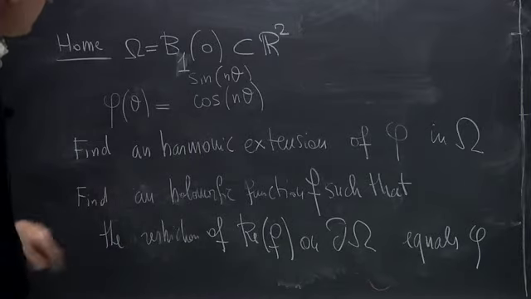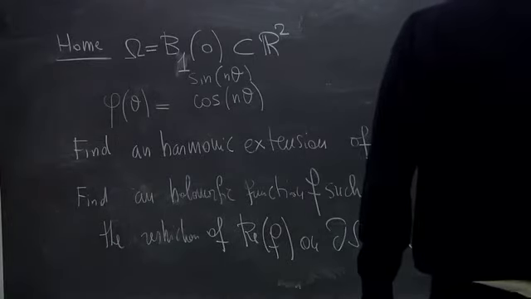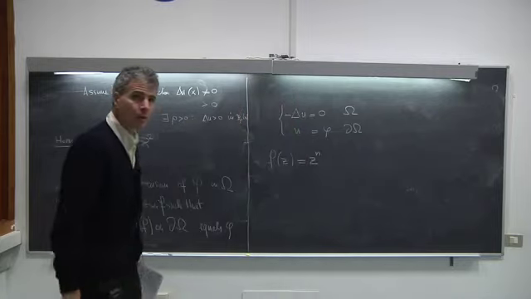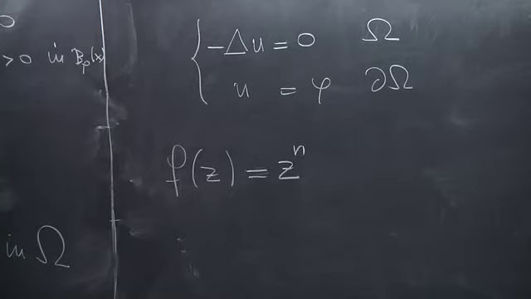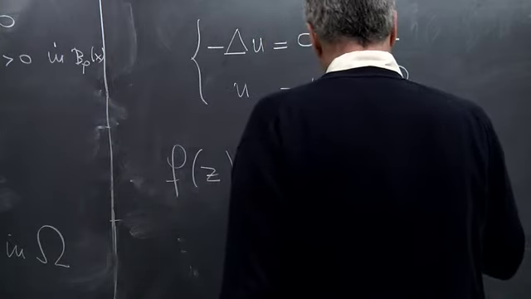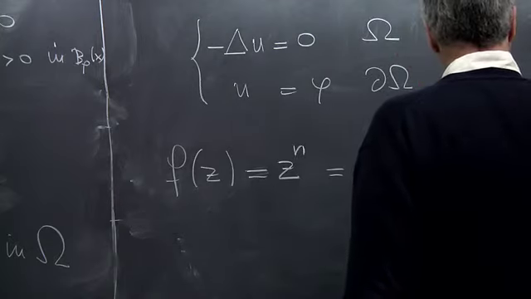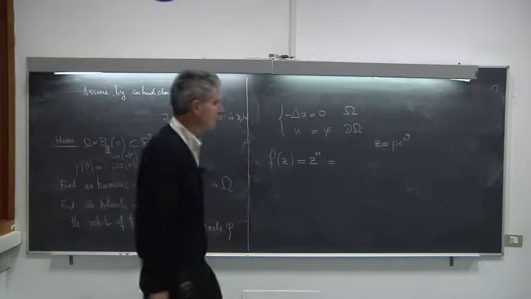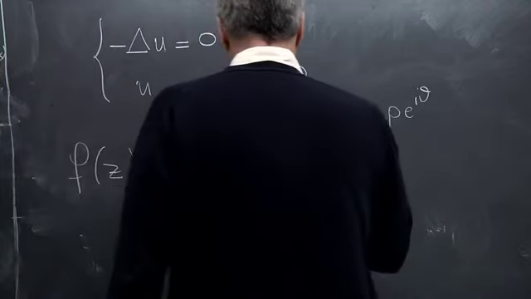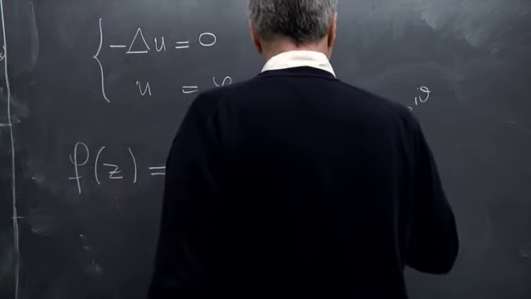But if you take f of z equal to z to the n, this is holomorphic, and let us write it as rho to the n with theta the argument.